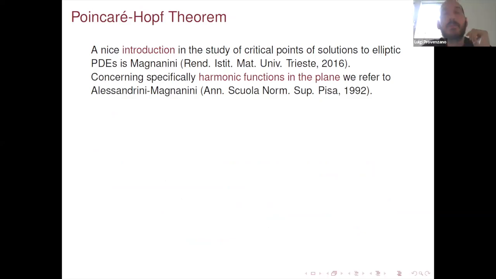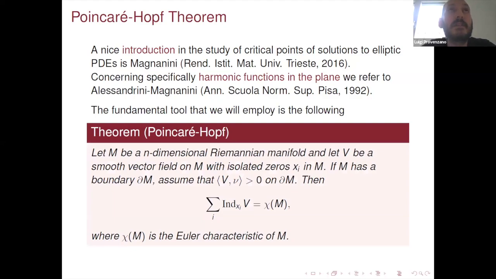And now I'm going to enter into the core of the matter, and let me just cite the fundamental classical tool that we will employ, which is the Poincaré-Hopf theorem. Well, I have an n-dimensional manifold. Riemannian metric does not play any role actually here. And let V be a smooth vector field on it with only isolated zeros.